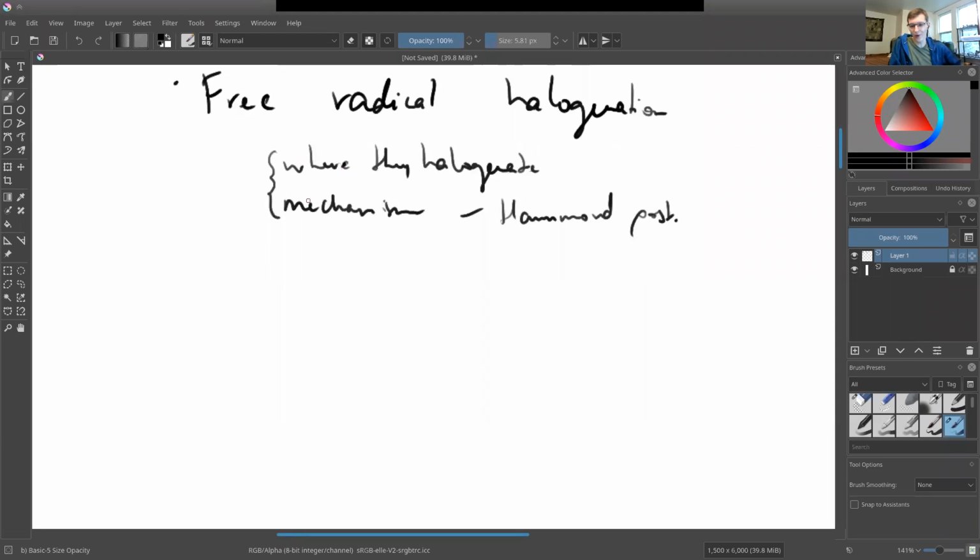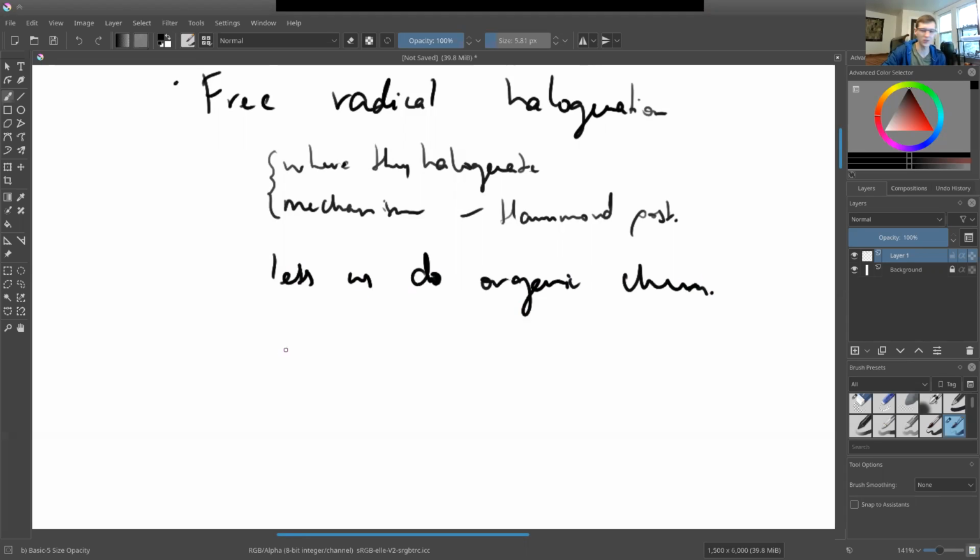Anyway, the point in getting to here with free radical halogenation is that this really lets us do organic chemistry. What do I mean by that?